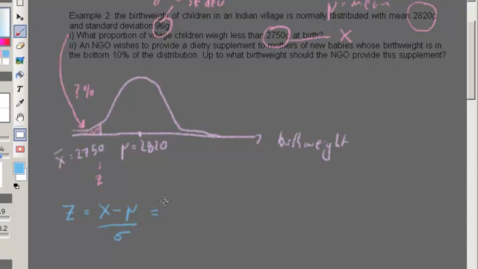So we've got 2750 minus 2820. That's that distance. Then divide it by standard deviation, see how many of these it is. So that's 70 over 96. So it's not less than 1, it's 0 point something.